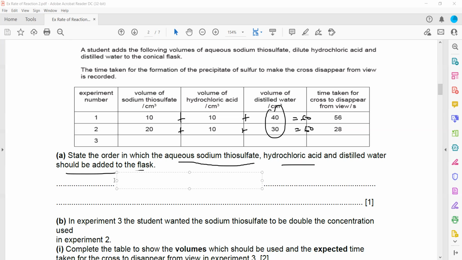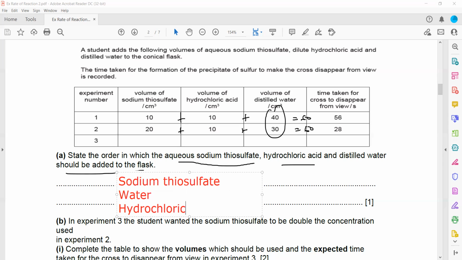So what order can we follow? It can be sodium thiosulfate first, then second we will add water to make the final volume the same, and at the last, for the reaction to occur, we can add hydrochloric acid. Why are we adding hydrochloric acid at the last?